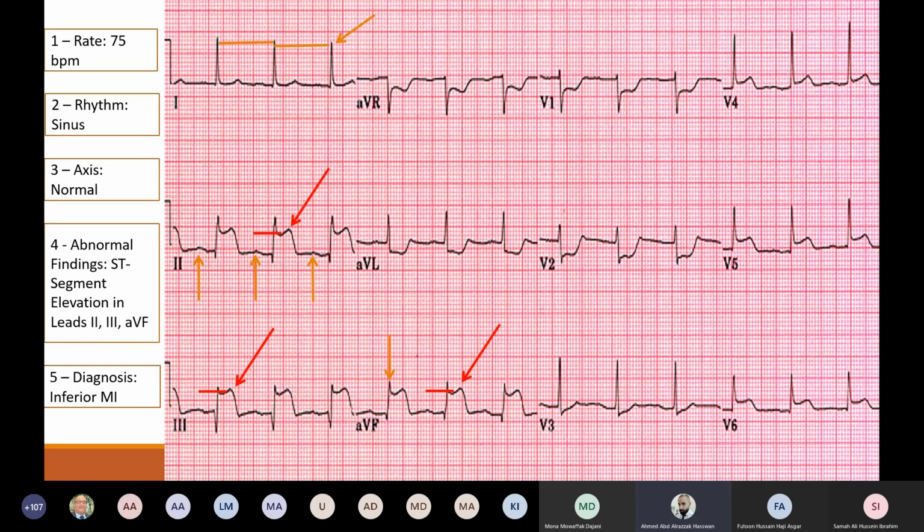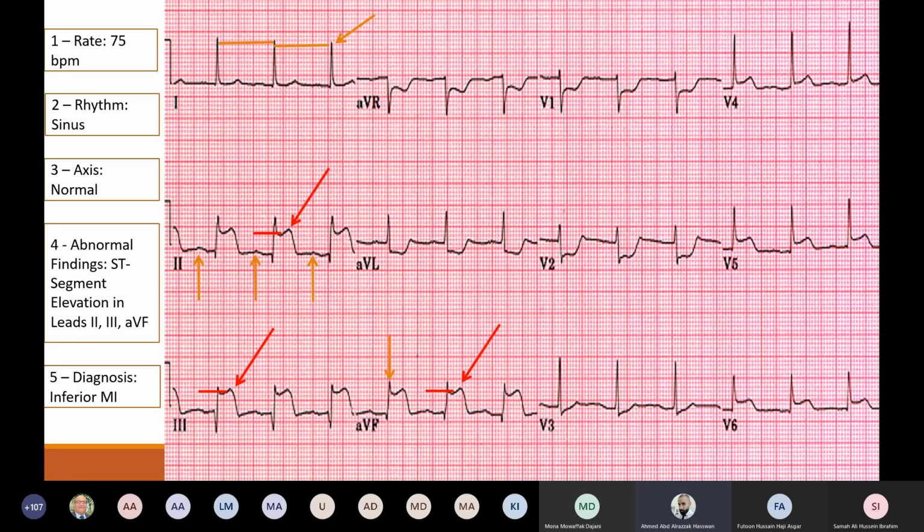There is a term called reciprocal changes. Just keep it in your mind. You might hear it here and there. Reciprocal changes means that the heart usually tries to compensate for the occluded area. Physiologically, the body causes vasoconstriction in the other leads in order to direct the blood flow to the infarcted area. That's why we have signs of ischemia in other leads.